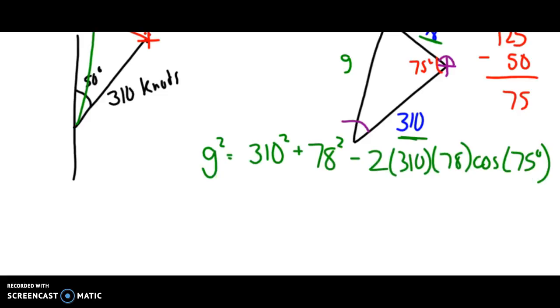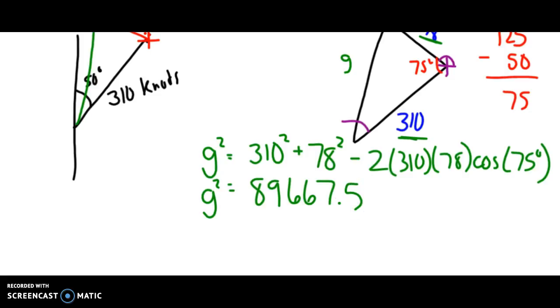I'll give you a second. Put this into your calculator, and you find that g squared ends up being approximately 89,667.5.